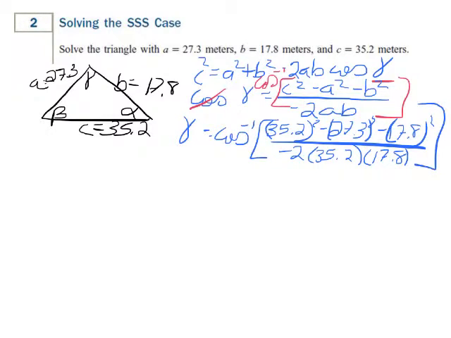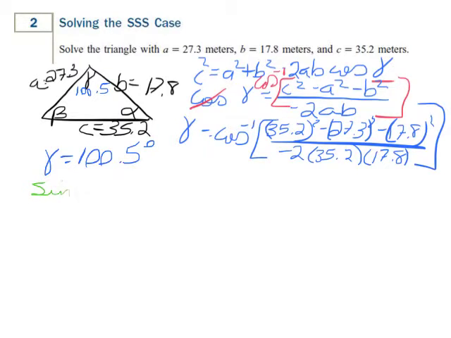All right, when you plug that all in, you should get that gamma is equal to 100.5 degrees. Now we can use the law of sines to find any of the other sides. Let's go ahead and find beta.